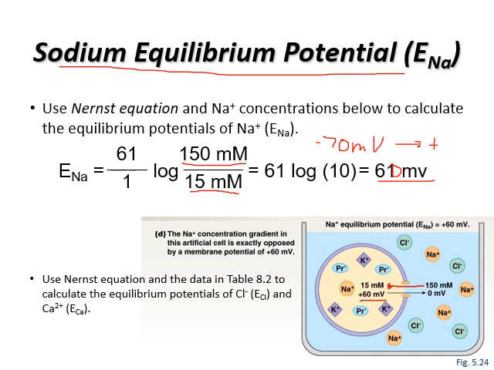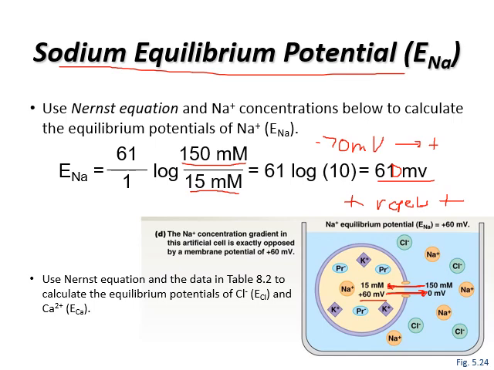And remember, positive repels positive. As the membrane gets more positive, there is an electrical force pushing against sodium coming in. When the concentration gradient force equals this electrical force, sodium stops rushing in.